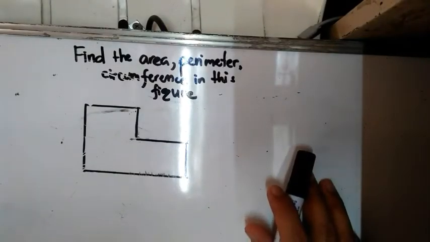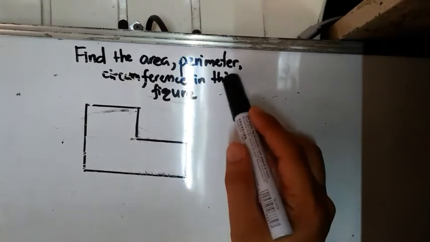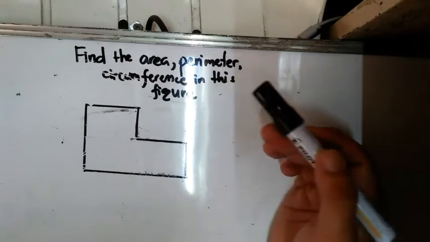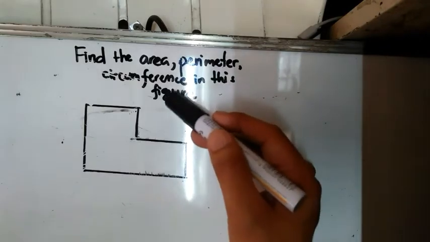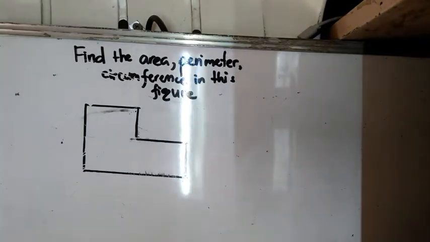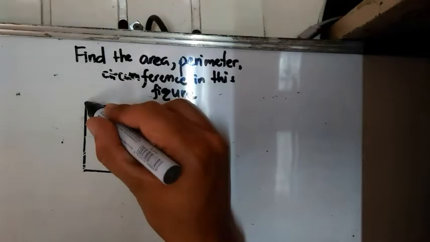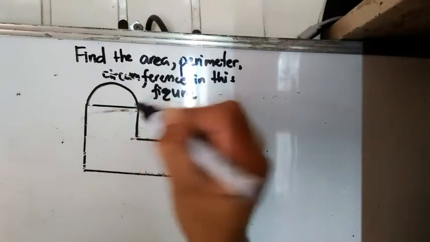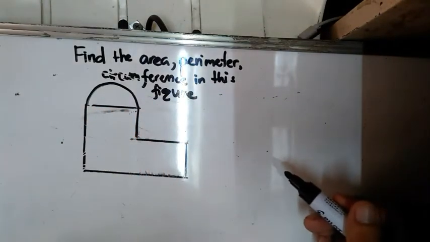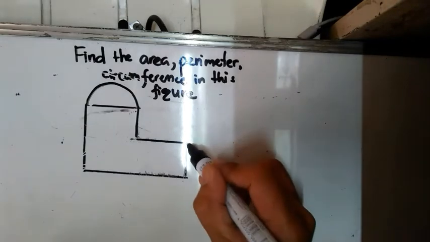So the problem we can solve: find the area, the perimeter, and the circumference in this figure. Let's put a semicircle on the top here and a triangle on the bottom.